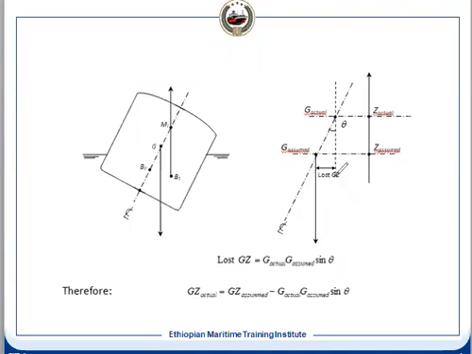Because of that, if there is an external force, this is the external force. This heel is not because of G. Understood? If G is not here but here, there will be a heeling moment. That is different. We are not considering that.